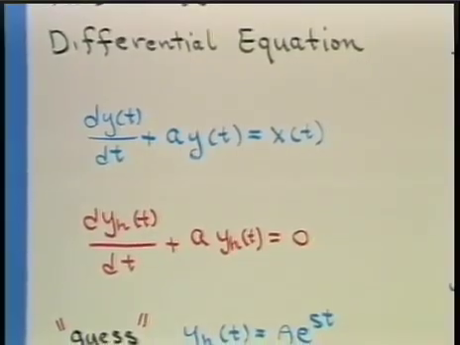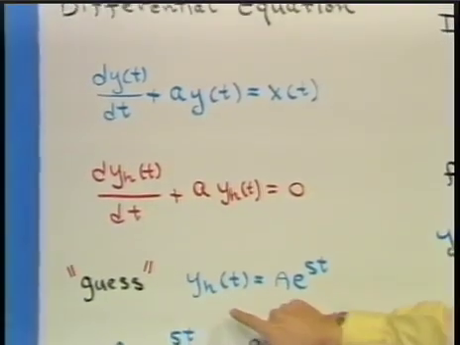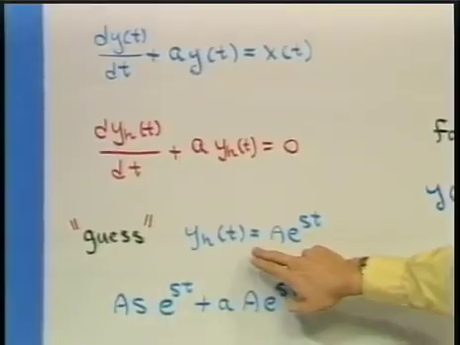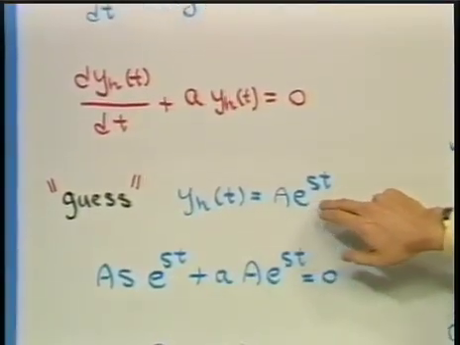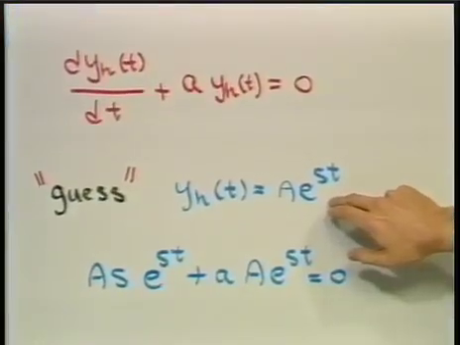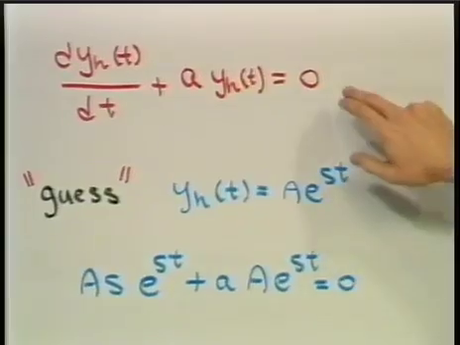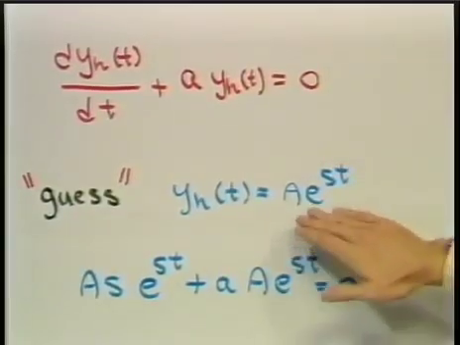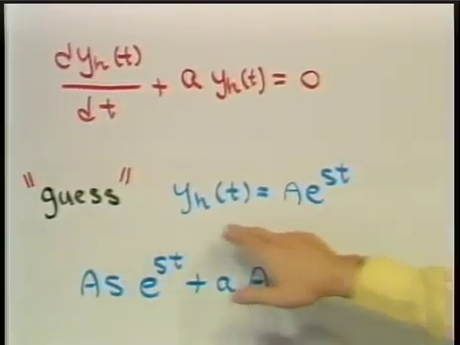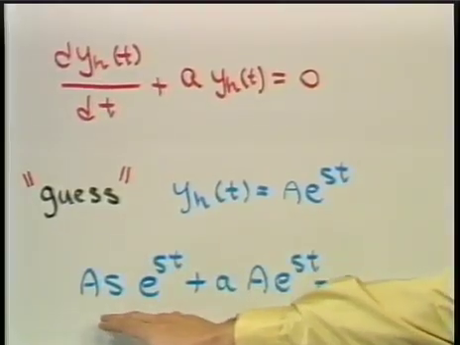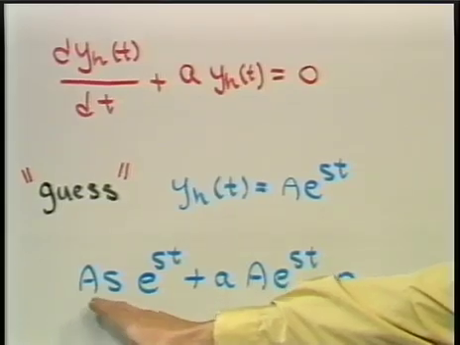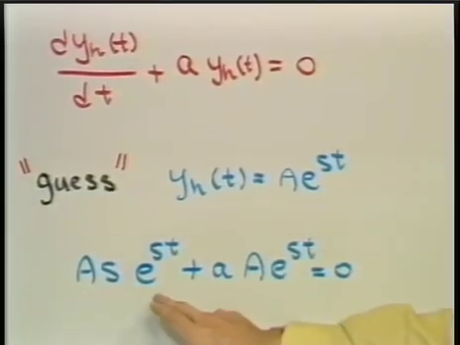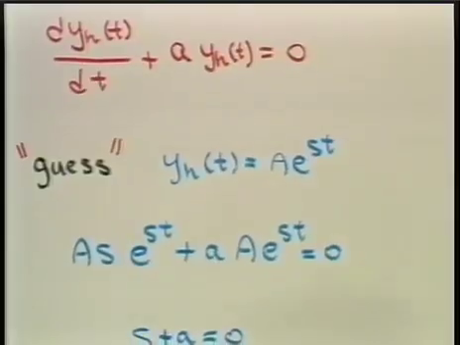We, in essence, guess or impose a solution of the form, the homogeneous solution is an amplitude factor times a complex exponential. Substituting this into the homogeneous equation, we then get the equation that I've indicated here. What you can see is that in this equation, I can cancel out the amplitude factor and this complex exponential.